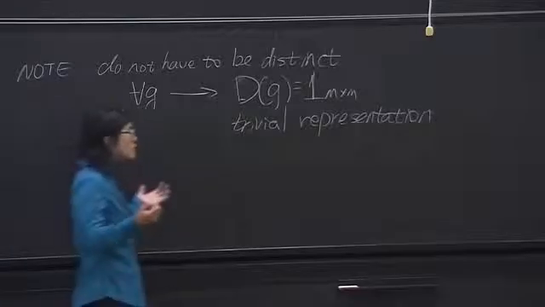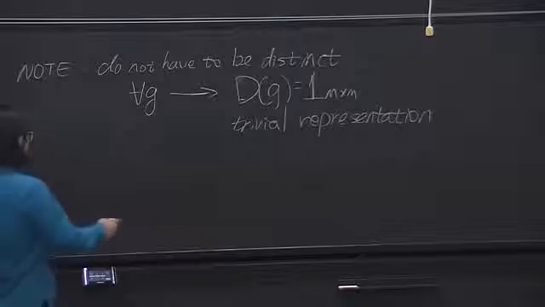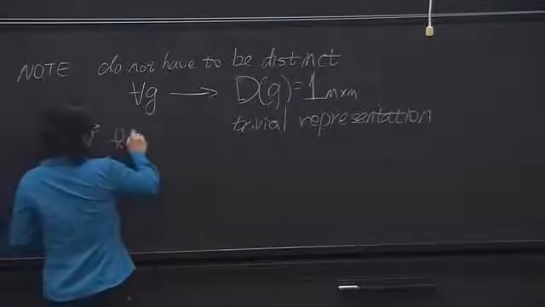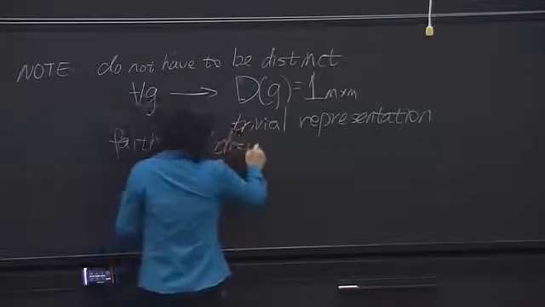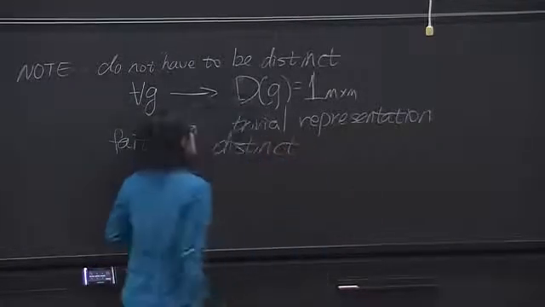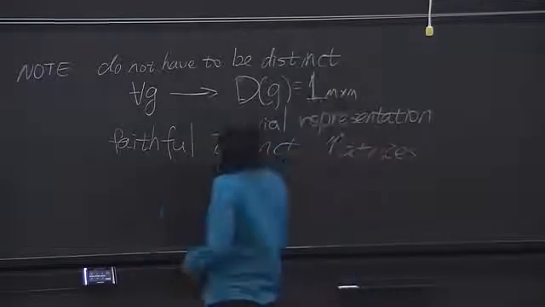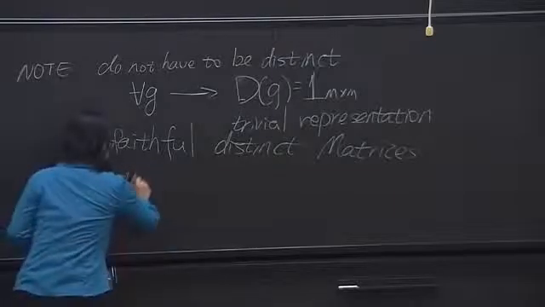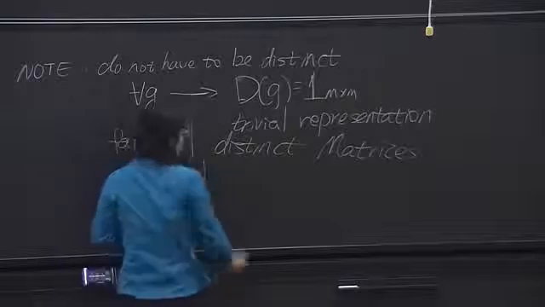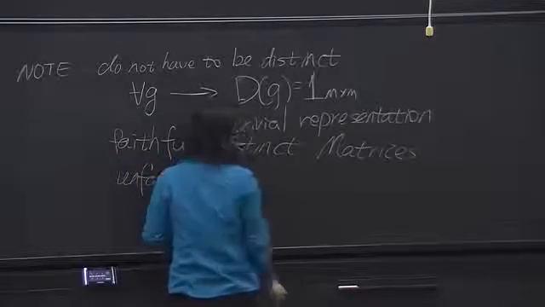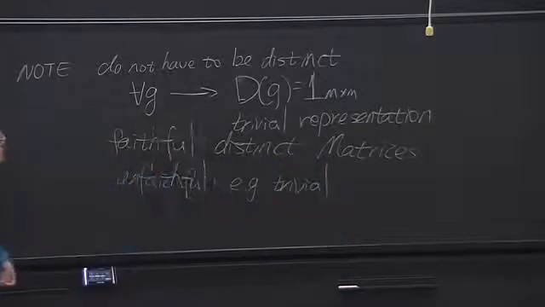We actually love to map different group elements to different matrices. And if that happens, we'll call it faithful. And when it doesn't happen, well, as English goes, you call it unfaithful. For example, we always have our trivial representation. That is not very faithful.